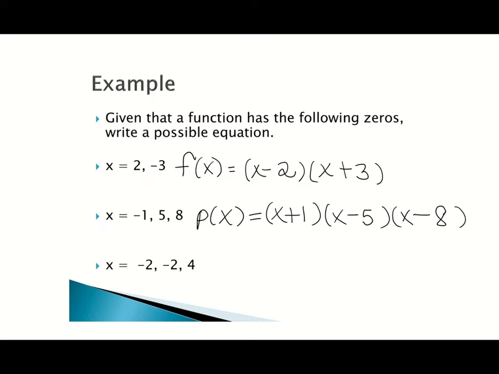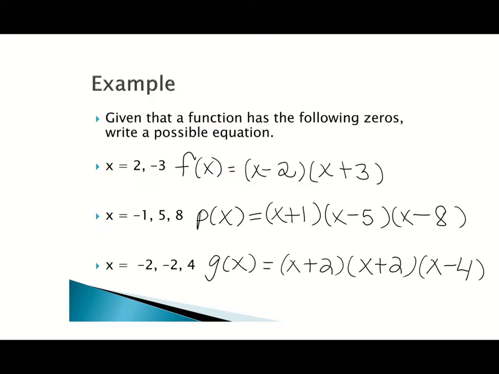For our third example here, choose any variable. We have g of x here equals, now we have 3 zeros, so if we were to put our 3 factors, we would have x plus 2, x plus 2, and x minus 4.